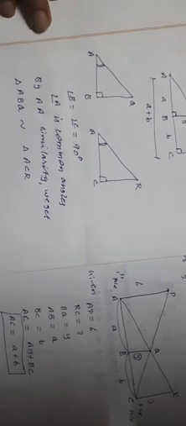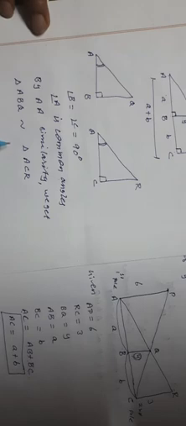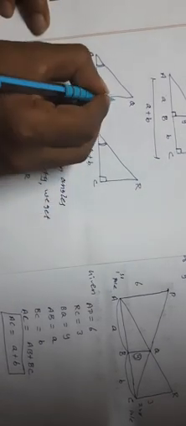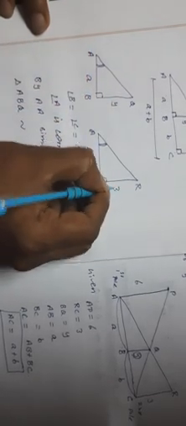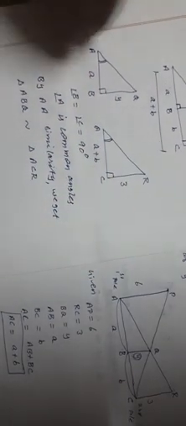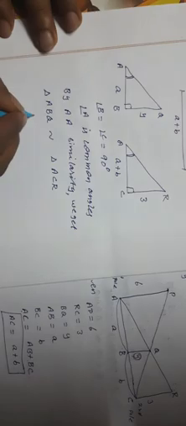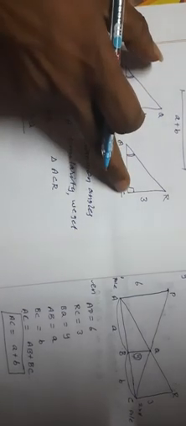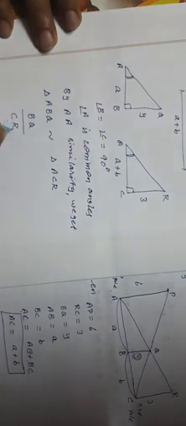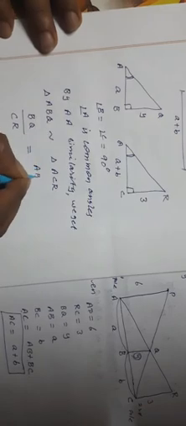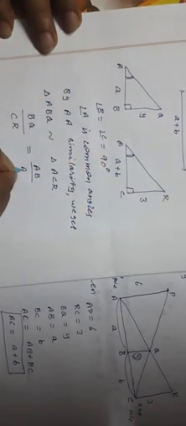Now that the two triangles are similar, next we use the ratio of corresponding sides. Here AB is equal to a, AC is equal to a plus b, and here y and here 3. The corresponding sides are BQ by CR, equal to the next corresponding side AB, and the corresponding side AC.